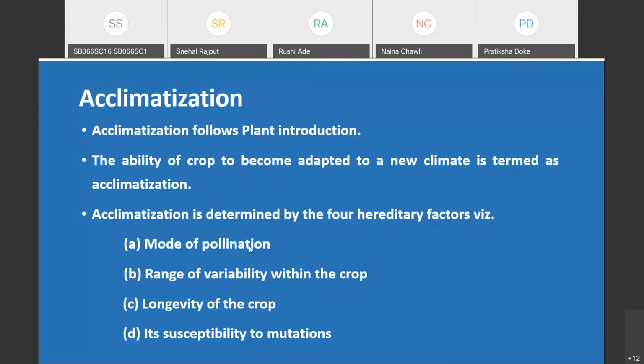That is how the cross pollinated crops get easily and rapidly adapted to the wider environmental conditions when compared with the self pollinated crops, because some of the genetic recombinations may get adapted to the new climatic condition.